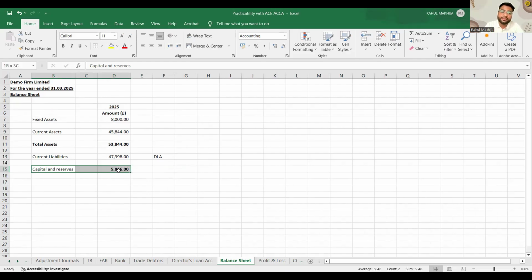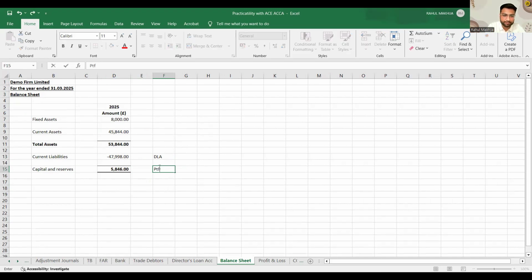Now, at last, we have mentioned capital and reserves. Here it is profit for the year. If it is a second or third year, it will be retained earnings, which will include profit brought forward, and also share capital.